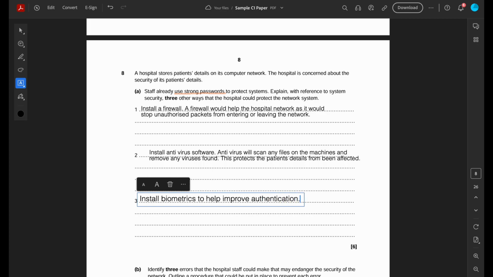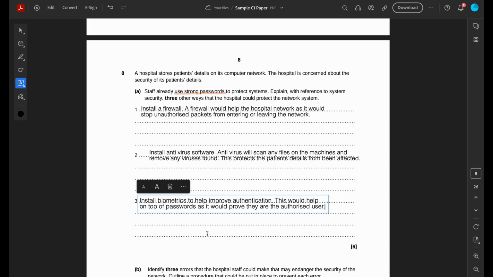Authentication is used as a password, but this would help on top of passwords, as it would prove they are the correct, authorized user.